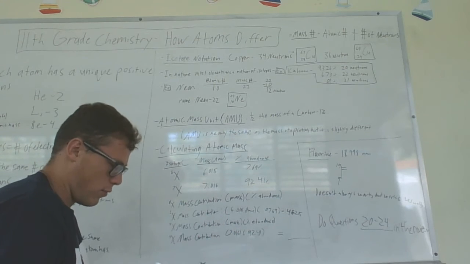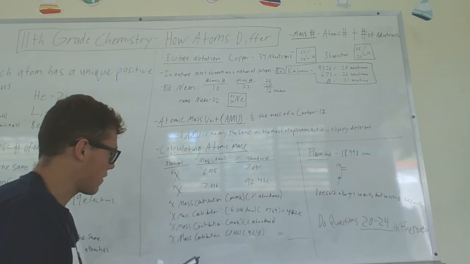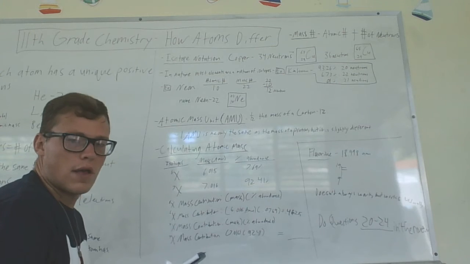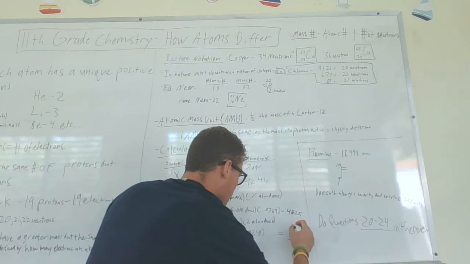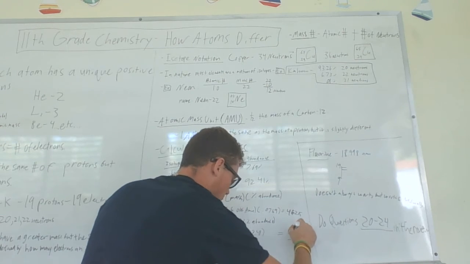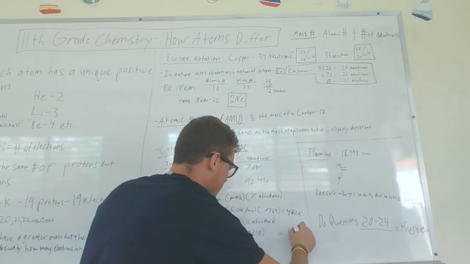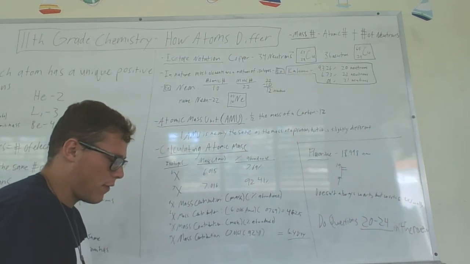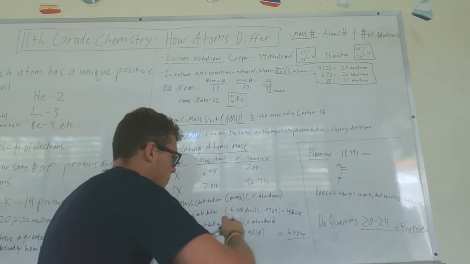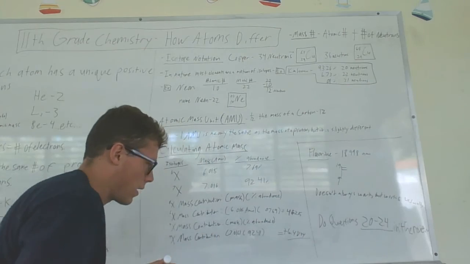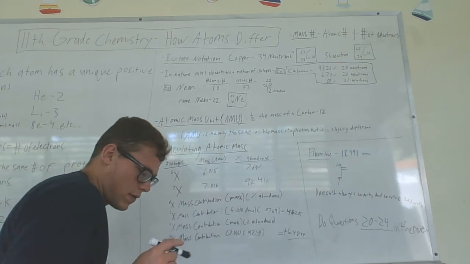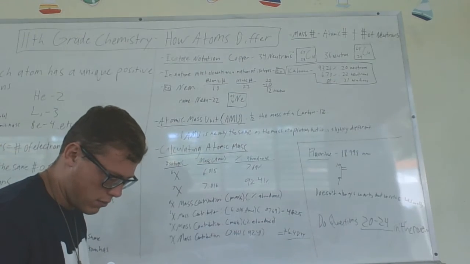And you do the same with isotope 7. You go 7.016 times 0.9241, and you get 6.4834. Okay? Now you add those two together. And what do you get? 6.94.